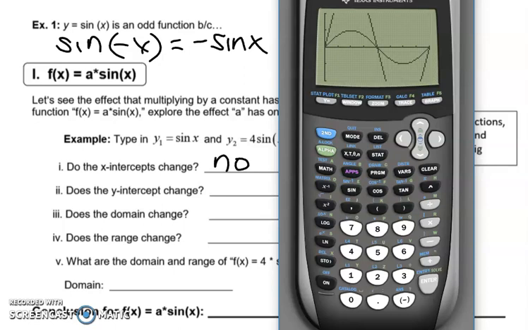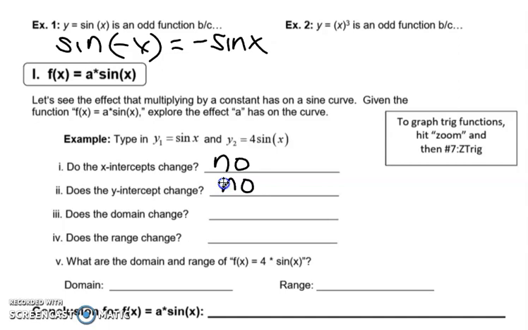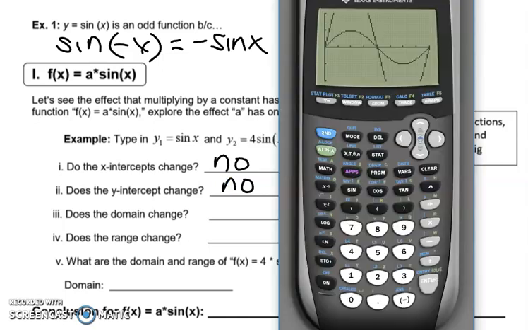We still see that it's crossing at the origin, so we're going to say no. Does the domain change? It's still negative infinity to infinity, so we're going to say no. However, does the range change? Clearly, 1 and negative 1 are not the top or bottom anymore, so that does change.